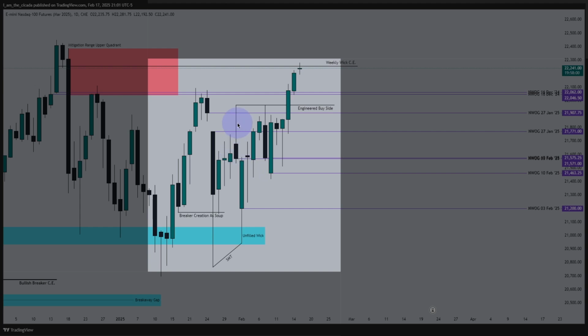Notice price moves into the bearish new week opening gap, rejects all of it, moves lower into a bullish array, back into the bearish array, and back and forth, until we finally have this new week opening gap here.